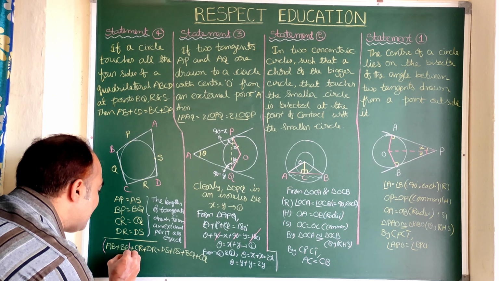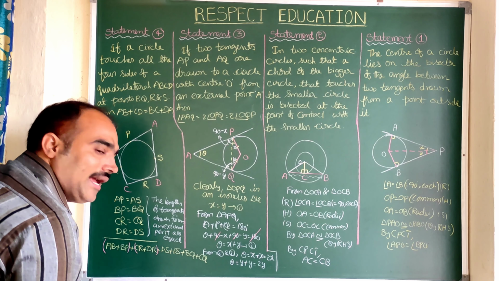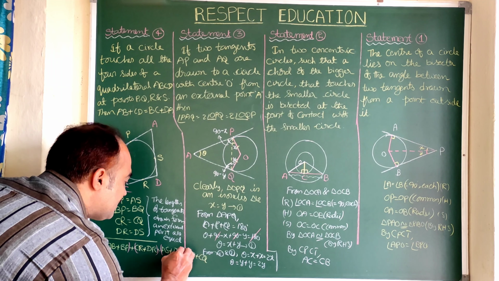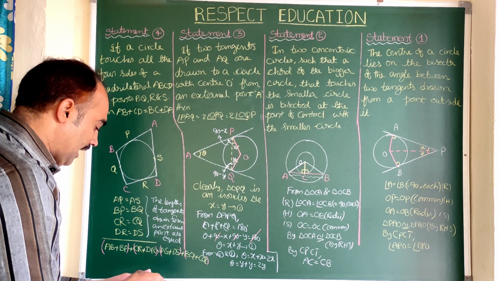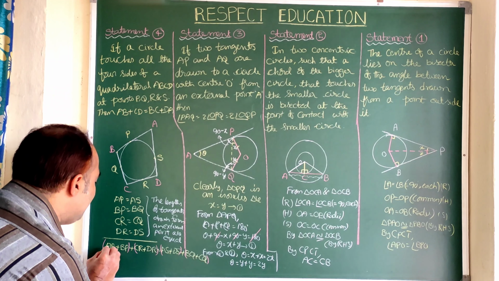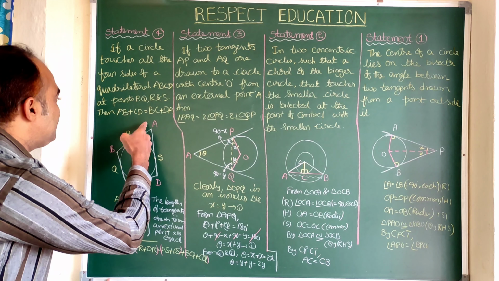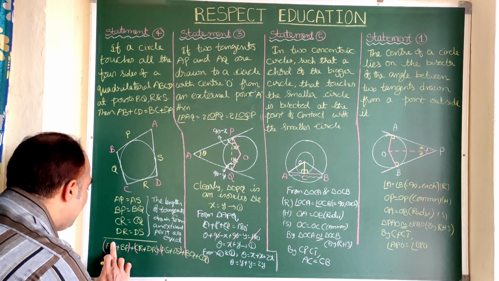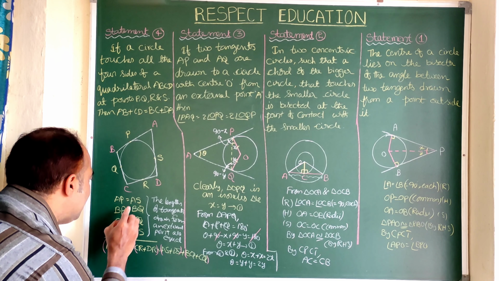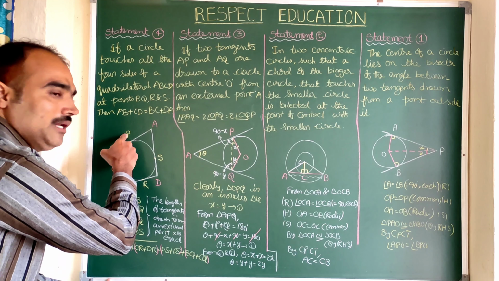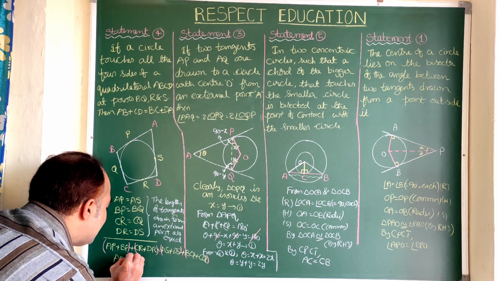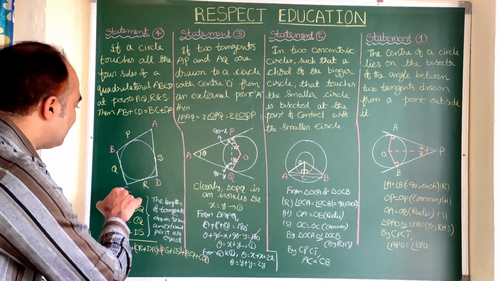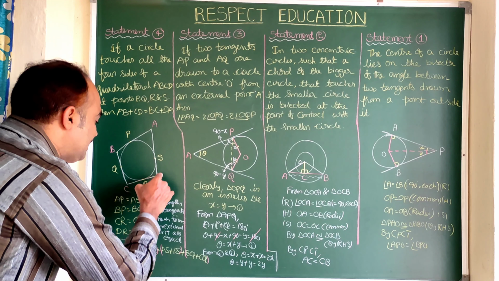Now let us divide very carefully. AP plus BP, let us make it a pair. CR plus DR is another pair. AS plus DS is one pair and BQ plus CQ is another pair. Now let us add them carefully. Here AP plus BP is nothing but AB. Similarly, CR plus DR is nothing but CD.